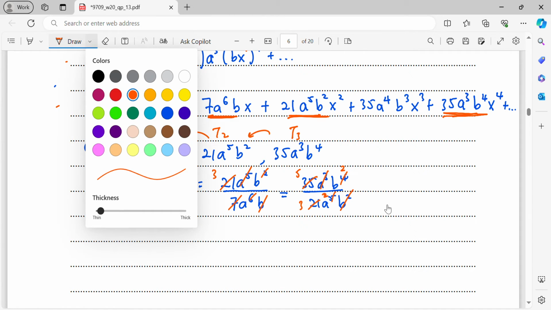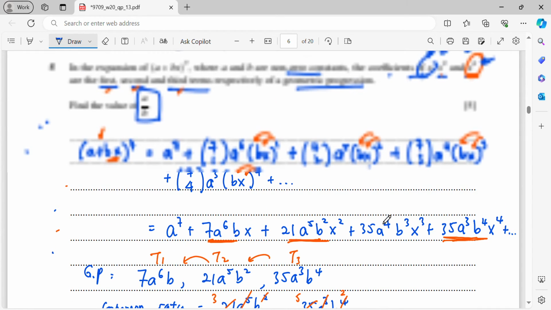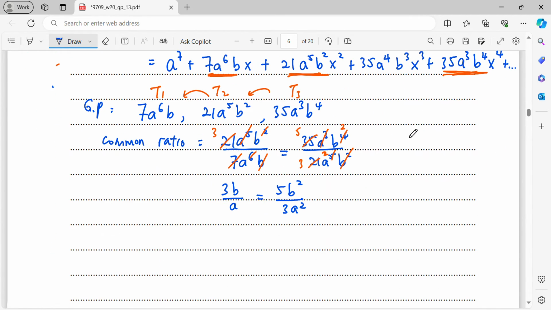Okay, so now I rewrite. It will be 3b for the numerator, the denominator is 7a for the left side. For the right side, it will be 5b^2 over 3a^2. So now to get the value of a over b, my a should be the numerator.